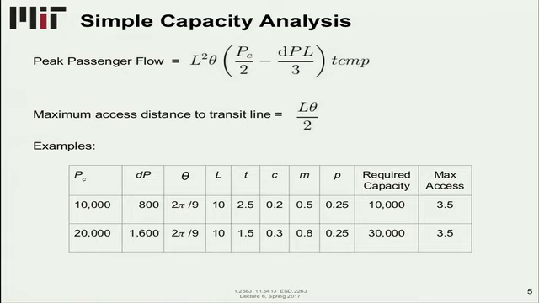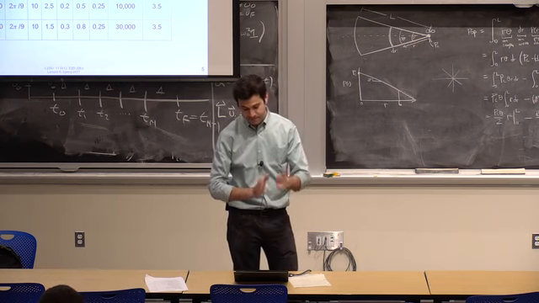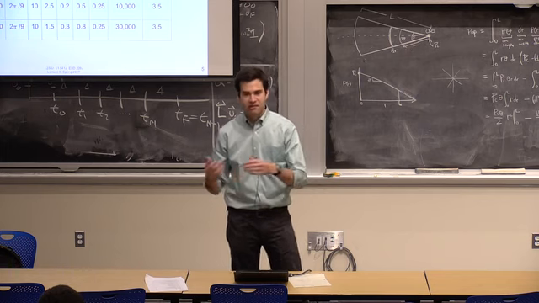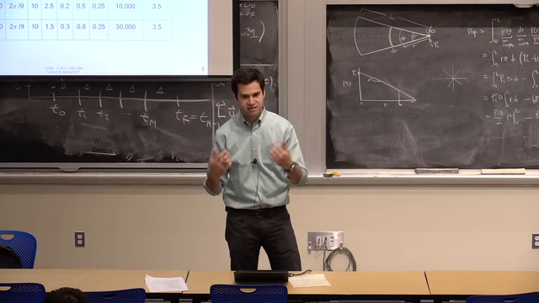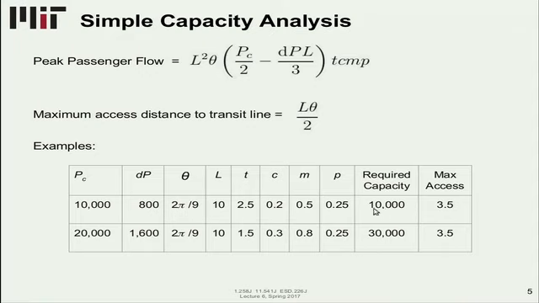And we're assuming a 10-mile length. And factors, so here we have 2.5, 0.2, 0.5, and 0.25 as the assumptions for the different constants to convert the whole population into the number of people going inbound in their morning rush, taking transit, right? So if we plug that in, we get a required capacity of 10,000 in the first scenario and 30,000 in the other scenario.